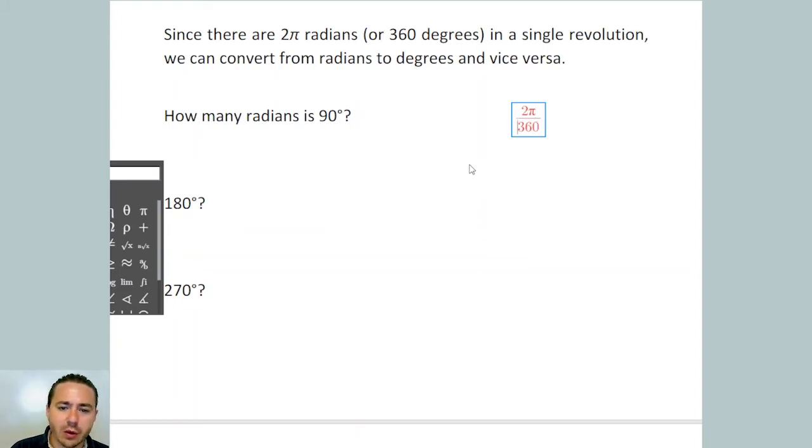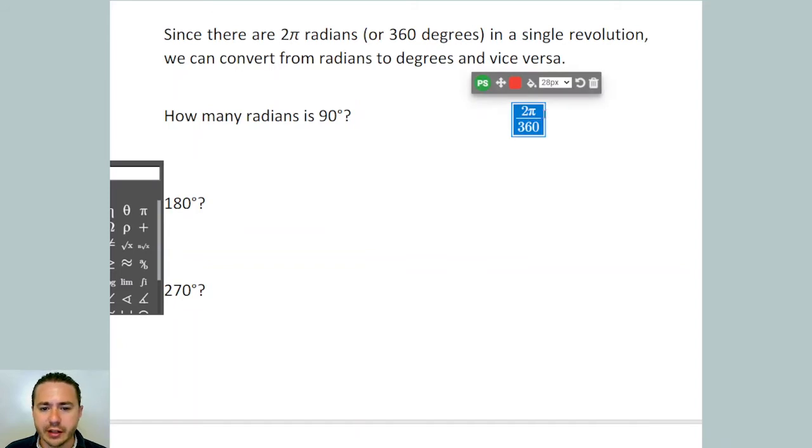So depending on what you're given, let's say you want to go from radians to degrees, you're going to set that equal to another fraction where you plug in your radians on top, and your unknown is going to be the degrees at the bottom.